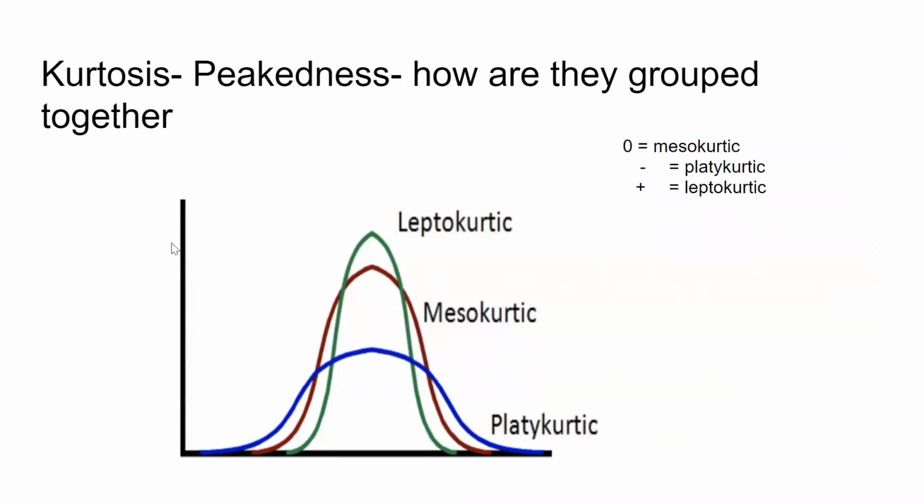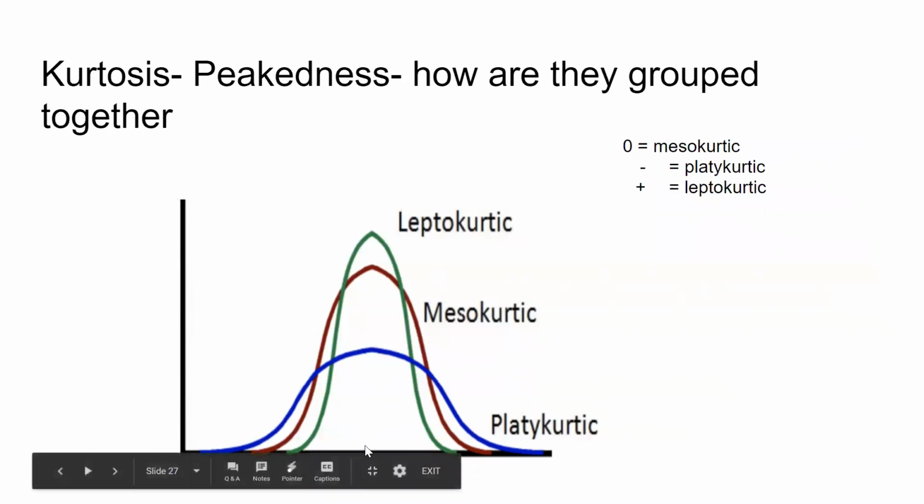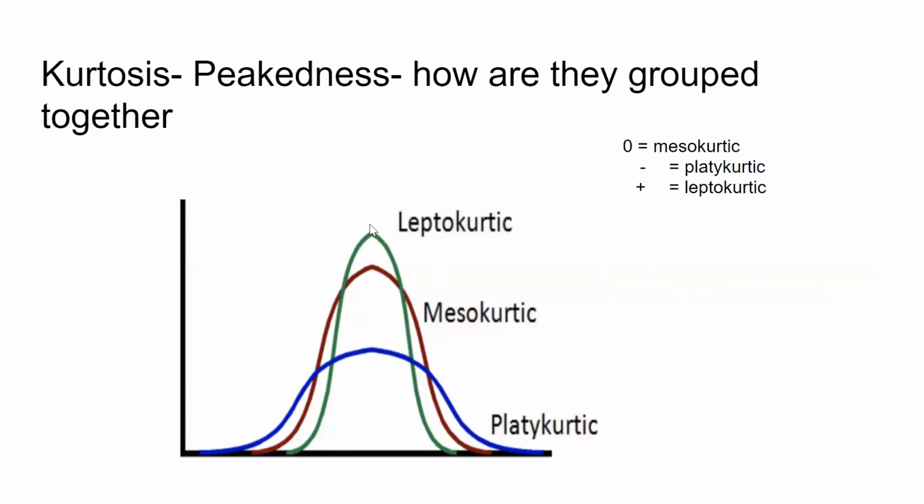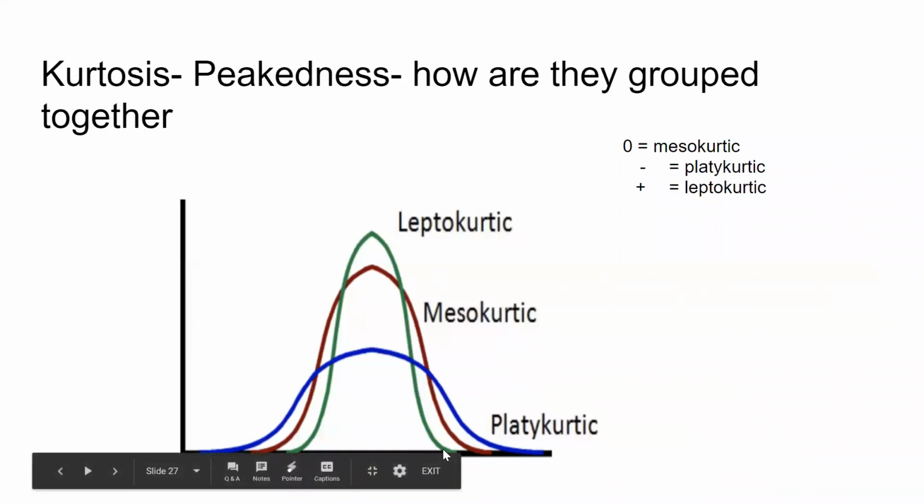So if we have a whole lot of people up here scoring at about the mean, so let's say this is IQ, and you have so many people scoring average IQ, but fewer people here on the tails. That's a leptokurtic distribution.